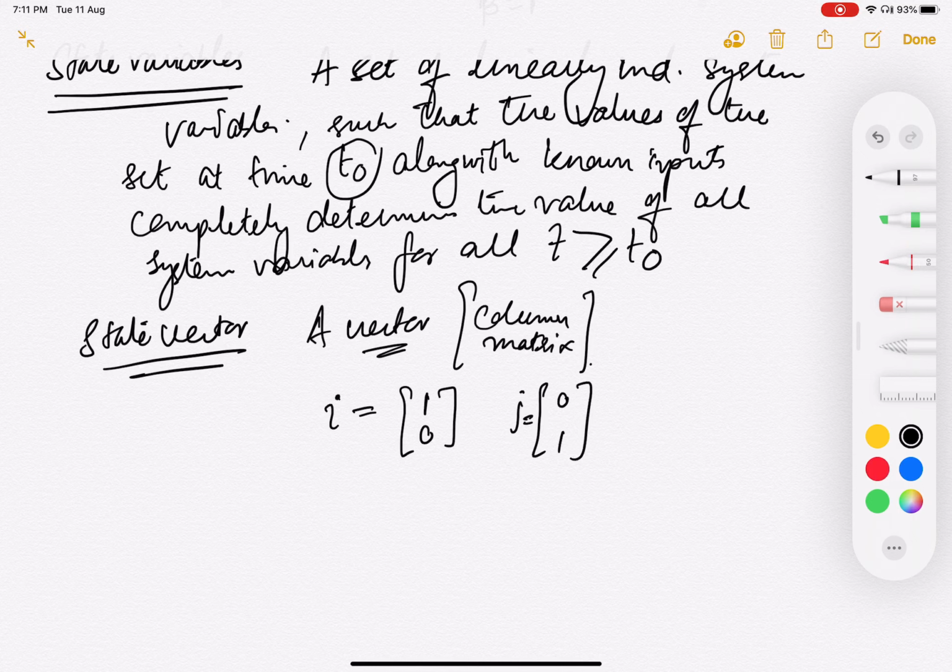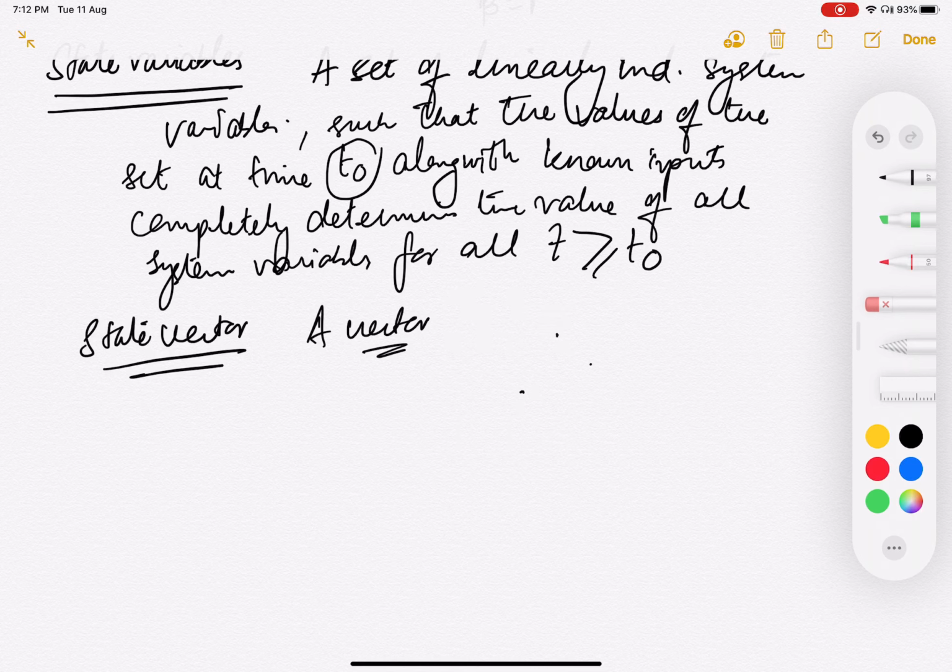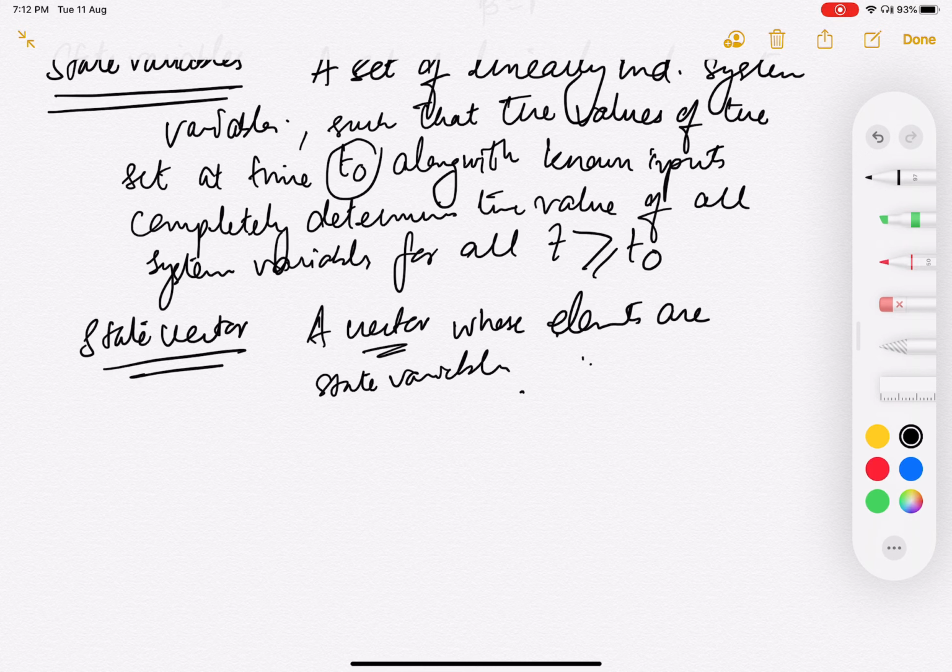So maybe you see the analogy between column matrices and vectors from the physics side, as you have studied before. So a vector whose elements are state variables is called a state vector. So in our notation, X is the state vector.